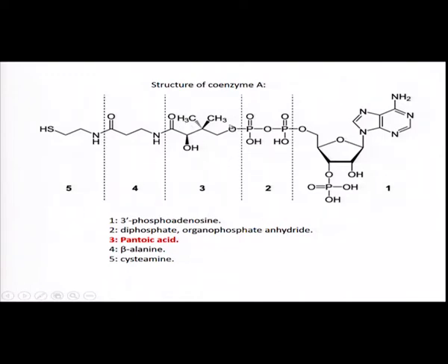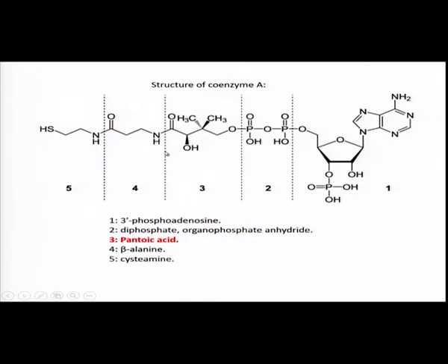So, you see over there pantothenic acid, especially the hydroxy end, from the dimethyl dihydroxy butyric acid end. The acidic aspect, the carboxyl group, is basically linked with the amino group, we know that, whereas the hydroxy end forms a link with the organophosphate anhydride of the adenosine moiety on the other end.